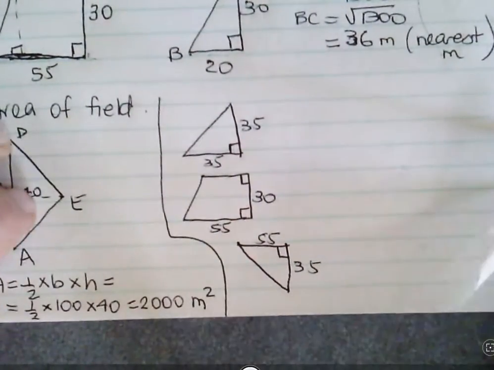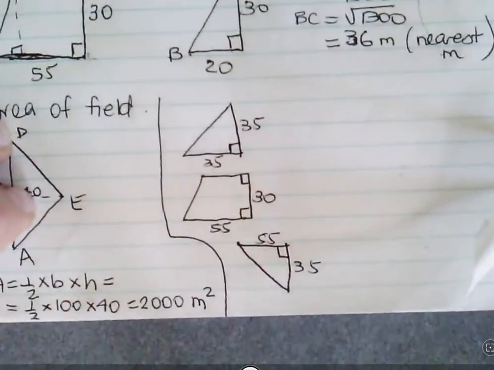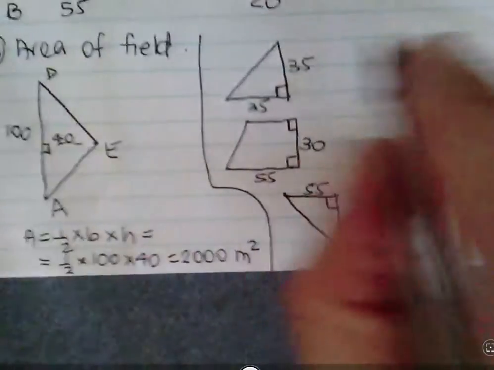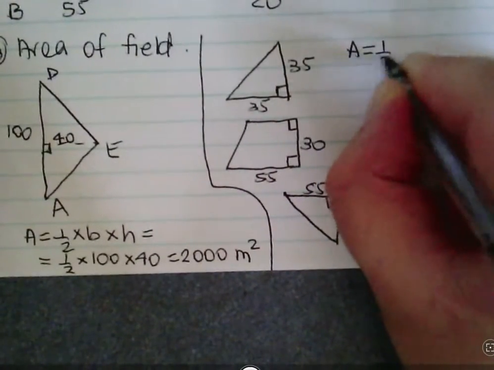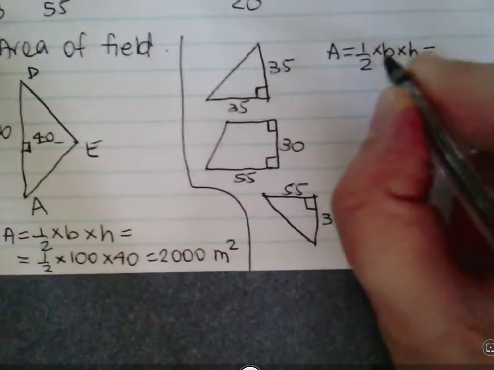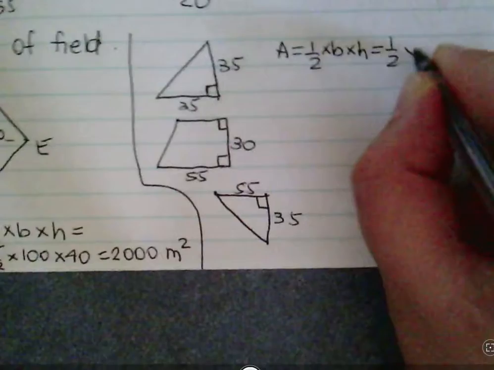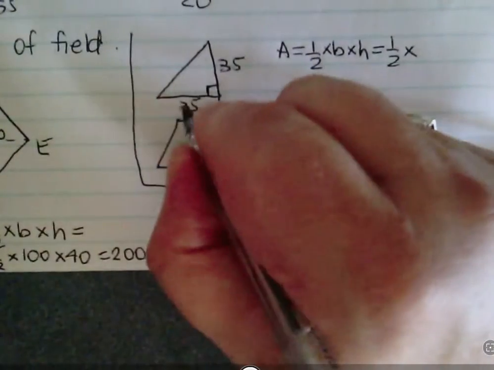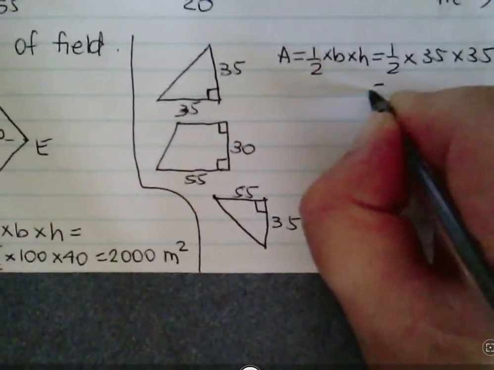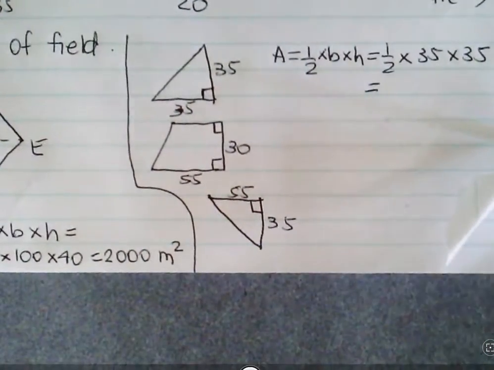You're going to have to work out, unfortunately, because the 2 triangles are not joined, the area of each one separately, just using your formulas. Area is a half times the base times the height, which is a half of, well, they're both the same, 35 times 35, which is, someone's got to give me an answer.